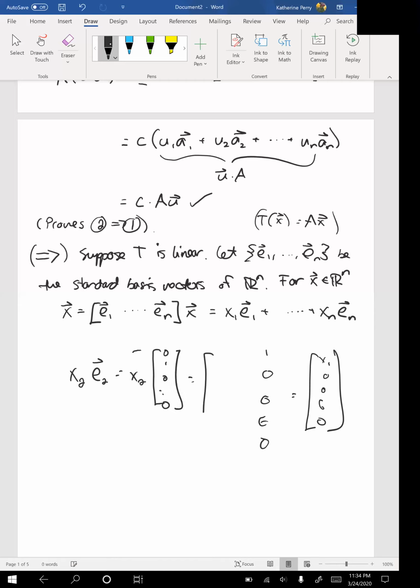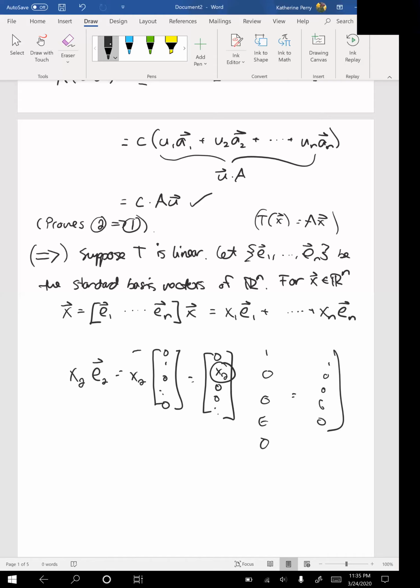And I'd end up getting an x2 in the second position, and so on. So it's hopefully clear that if I combine these, I'll end up getting x1 in the first entry, x2 in the second, x3 in the third, and so on. So this actually is equal to x. It's just a more complicated way to write it. But what I'm going to say is that we can use these basis vectors to find that standard matrix A.